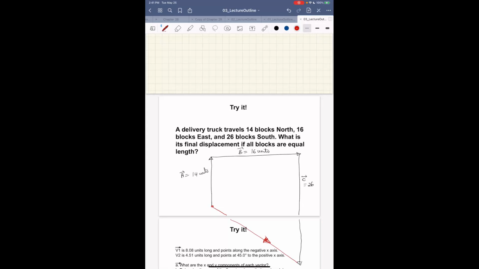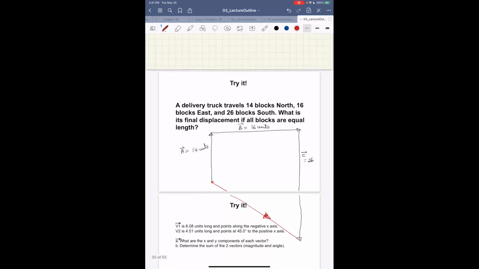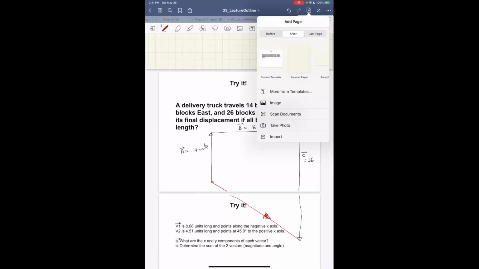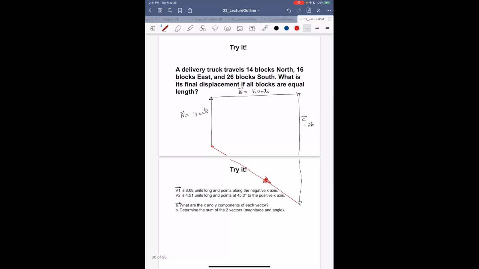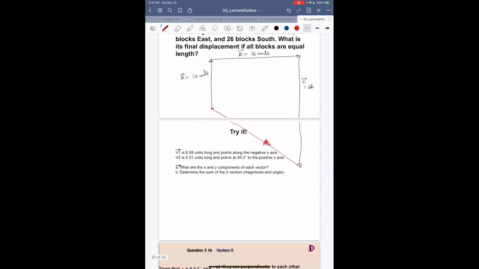Now what I can do is the addition based on the angles. Let me add one page, not here, after this one I will add.